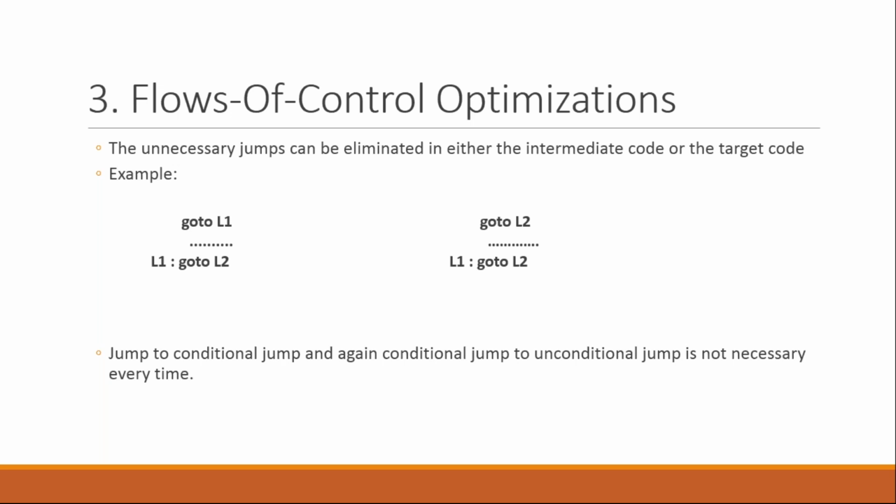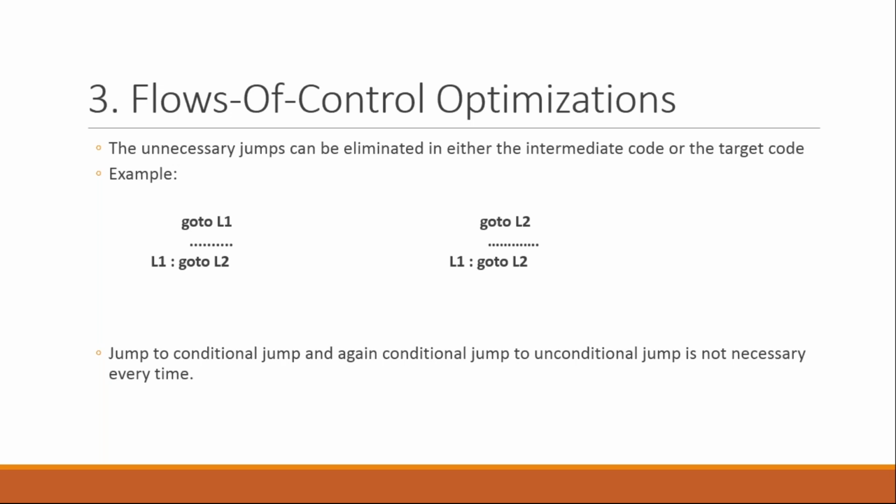That type of flow is not necessary or required in our program. Instead, you can go directly to the part that is most needed. Those unconditional or unnecessary jumps in my code can be deleted or eliminated by our compiler.